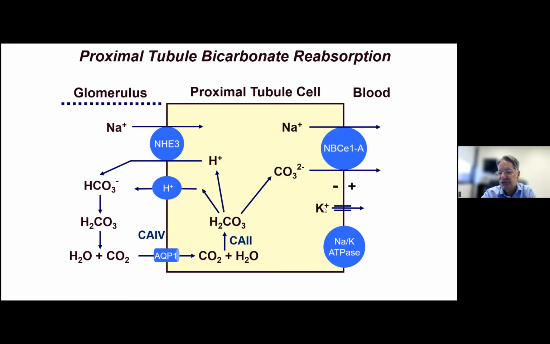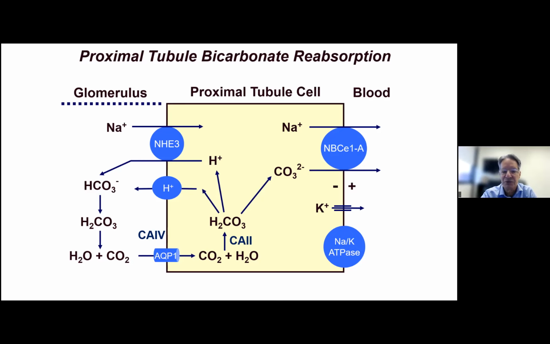Potassium inside cells is not 4 or 5, it's 110 millimolar. So potassium leaks out through this channel and creates what's called a diffusion potential. And so it's very important to have a normal functioning sodium potassium ATPase in order for carbonate to get out of the cell on NBCE1A.